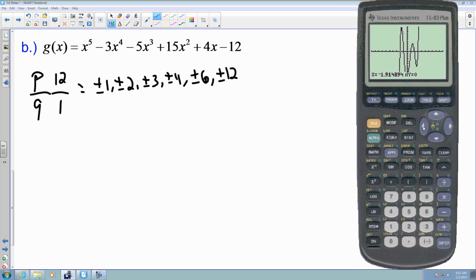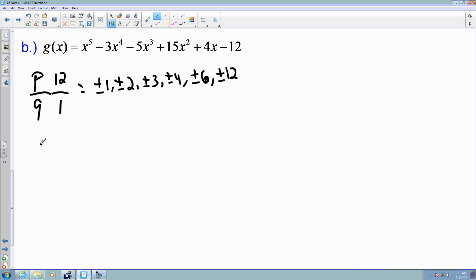So if I were to rewrite these solutions here, we'll say that it's -2, -1, 1, 2, and 3. And if we look, are they part of the possible solutions that are in here? And yes, they are. And we can prove that by using synthetic division.